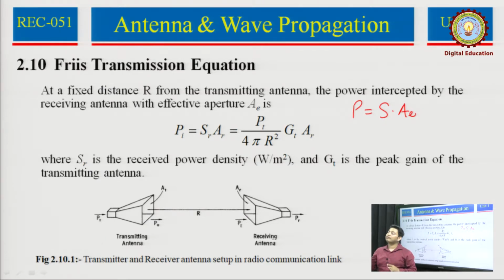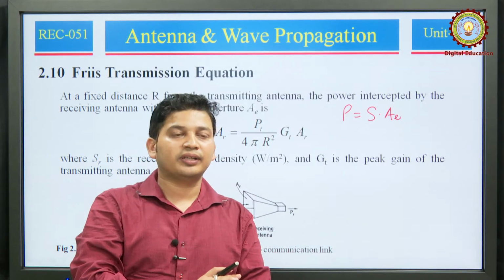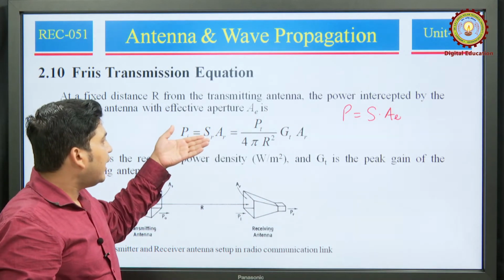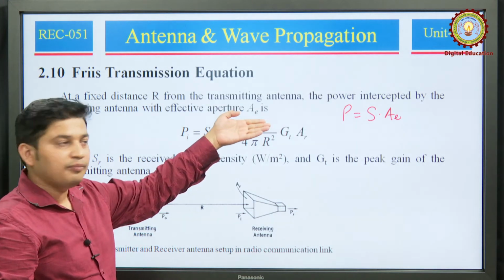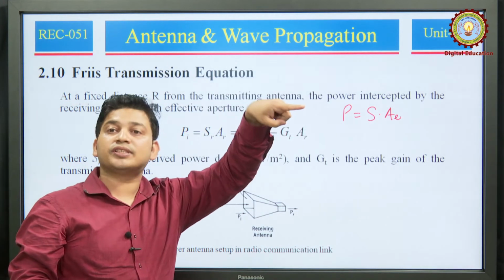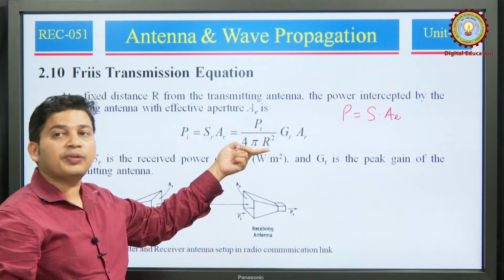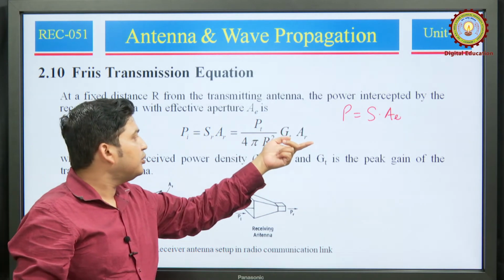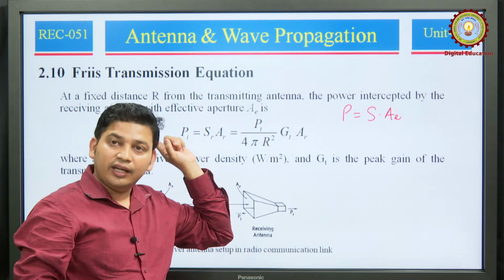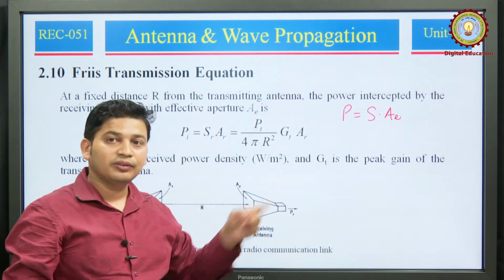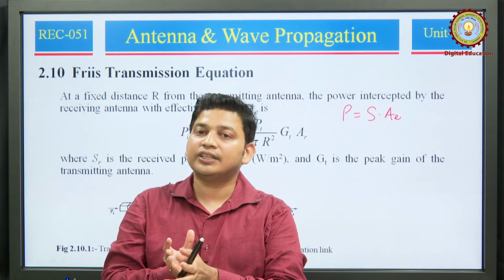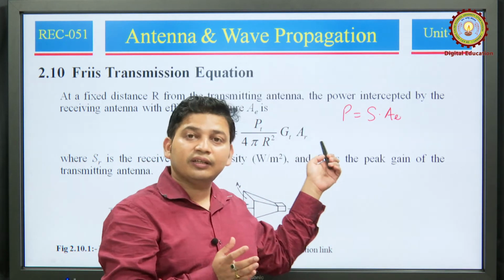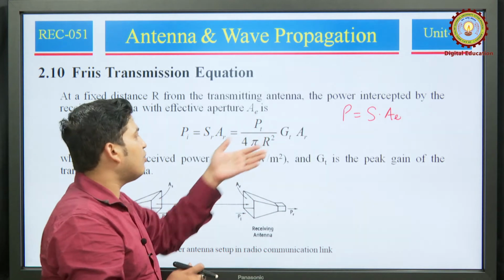R stands for receiving, T for transmission side. So, remember this bifurcation. S can further be related to PT, because power is transmitted from the source side: PT divided by 4 pi R square into the gain of the transmitter antenna, but it is received by the receiving antenna having effective aperture AR.